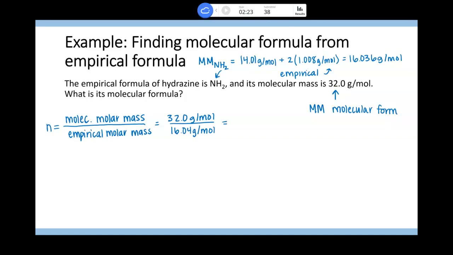So 32 grams per mole over 16 grams per mole gives us n equal to 2.